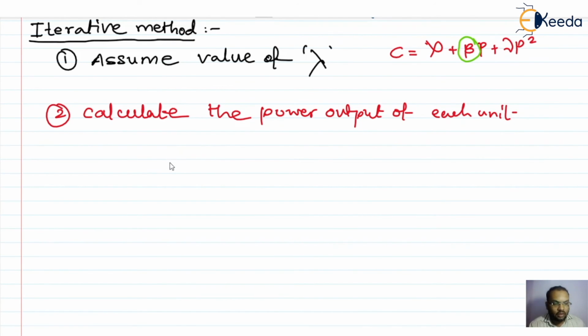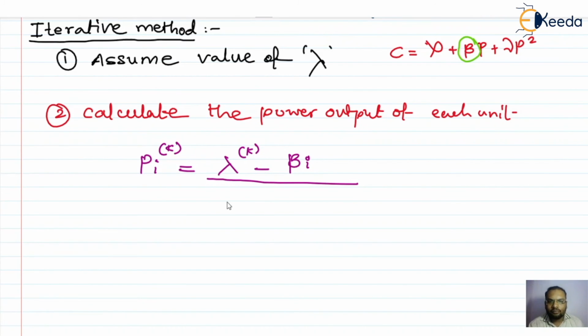The formula says the power output in the kth iteration is lambda in the kth iteration minus beta I. I'm not writing the kth iteration for this beta because it is a fixed, constant value and will not change with iteration. Of course, lambda we are assuming in the initial phase, and we will modify it. You will get a clear idea once we finish these steps.